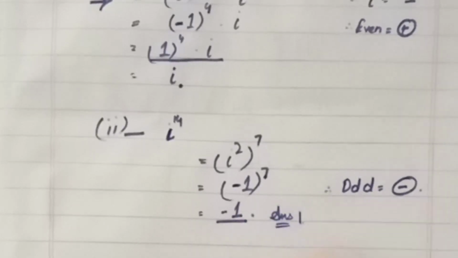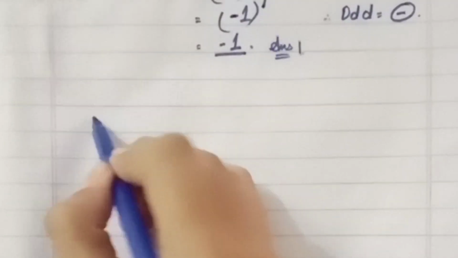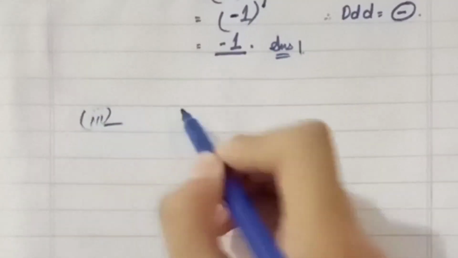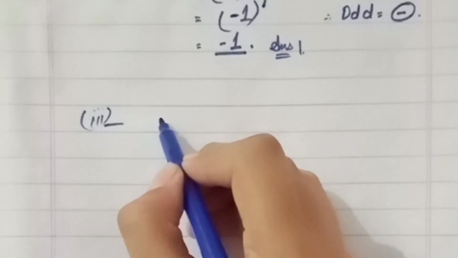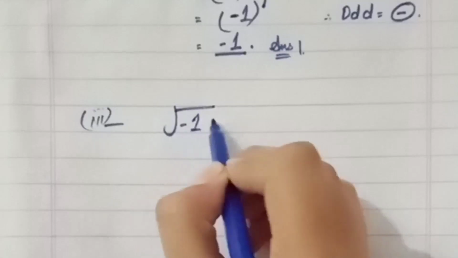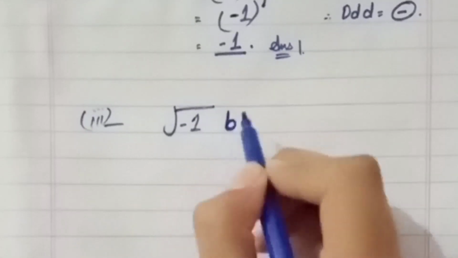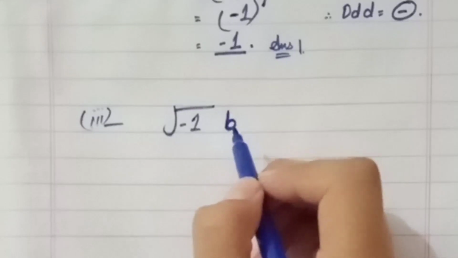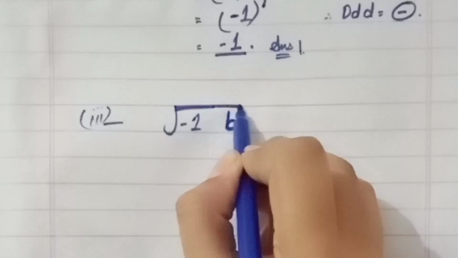So you may see that we have solved even power and odd power for iota, and now let's solve an under root for it, so you may have a better understanding of how to make iota through digits, through numbers, and even in under root. So the question here is under root minus 1, and b. Make sure, many students make a mistake here: they put the under root on the whole question.